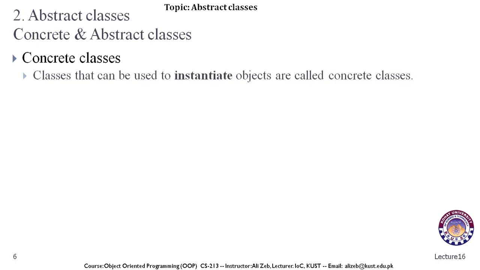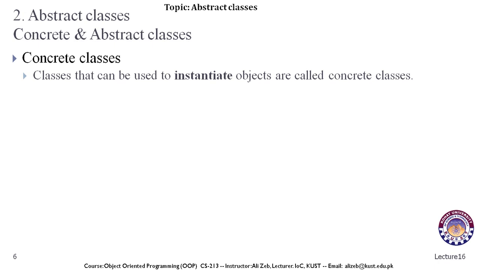Now, to differentiate between the concrete and the abstract classes, we can say that a class that can be used to instantiate objects is called a concrete class. In simple terms, when we can declare an object of a class, that class is a concrete class.